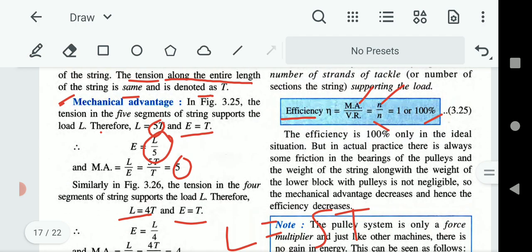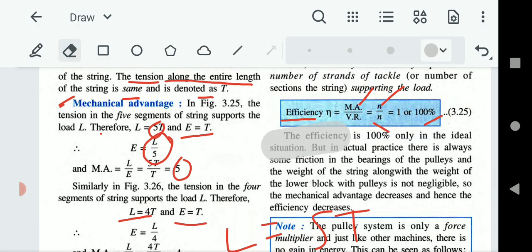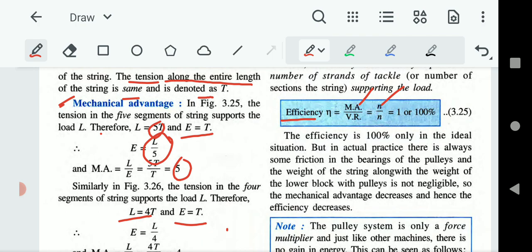The efficiency is 100% only in ideal machines, only in the ideal situation, but in actual practice there is always some friction, as we have already discussed, in every pulley system. That means we are not getting 100% efficiency, we are getting less than 100%.